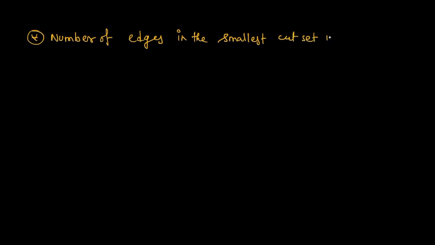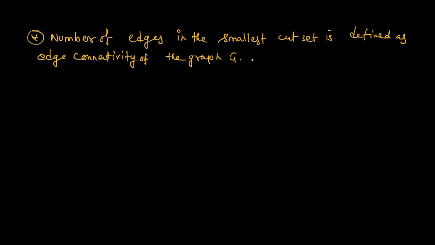Here is one important point: the number of edges in the smallest cut set is defined as the edge connectivity of the graph G, and it is denoted by lambda of G. So this is the concept of edge connectivity.